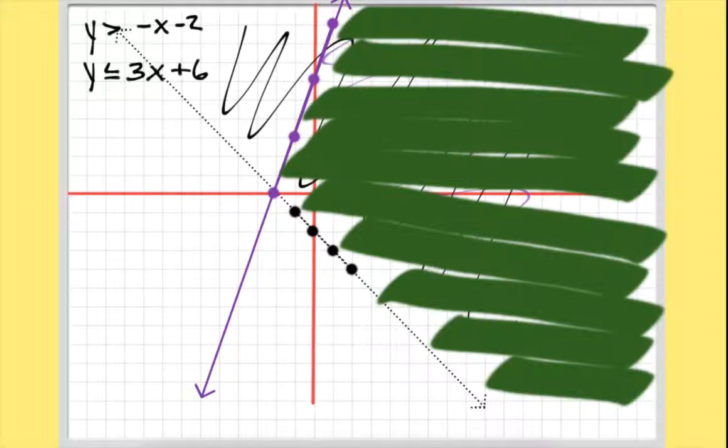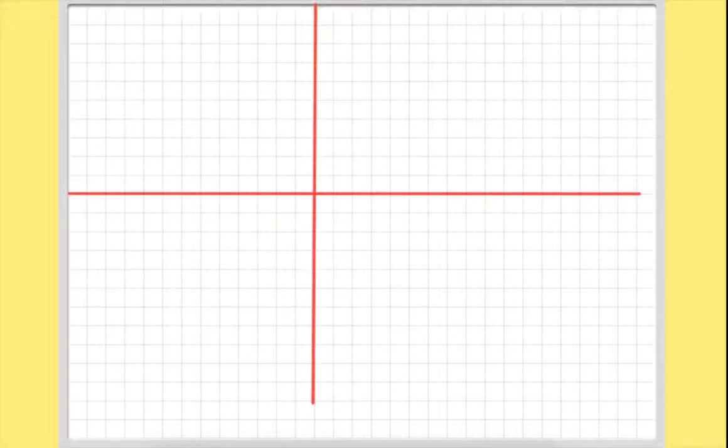Now, we can graph more than one equation or inequality when we're graphing these. We can have a system of 3 equations or inequalities if we'd like. So our first equation is y is greater than or equal to negative 1.